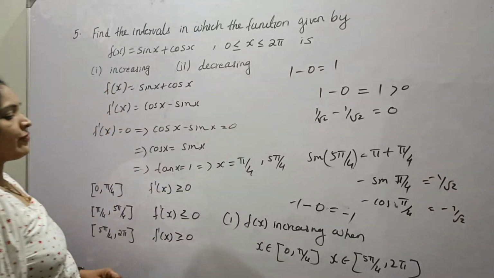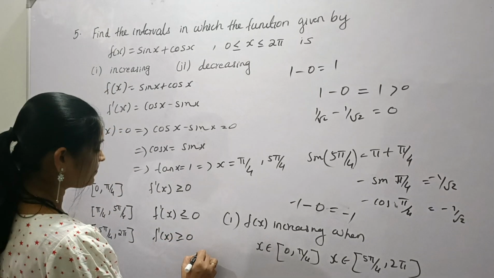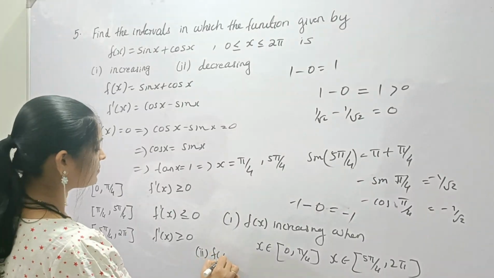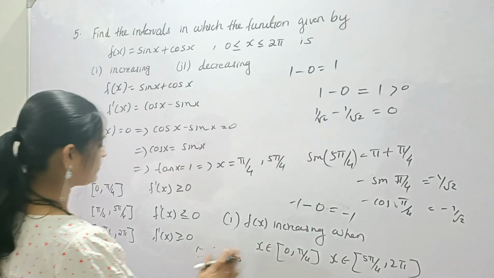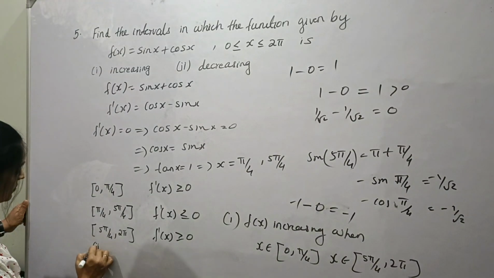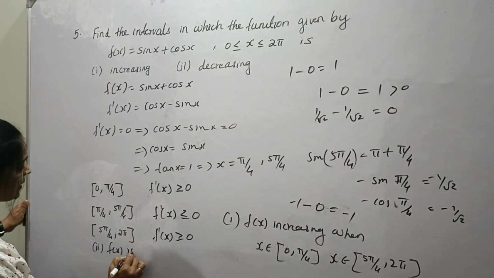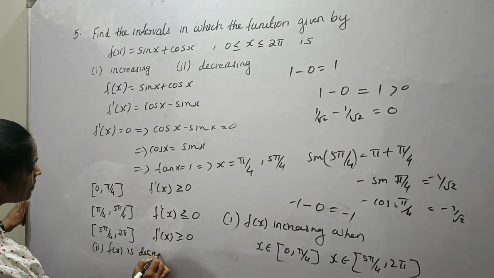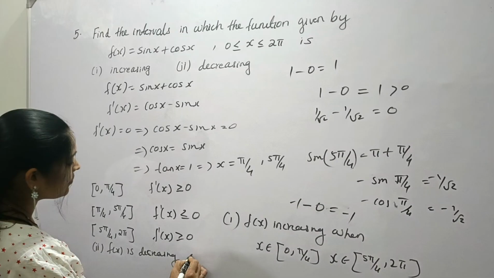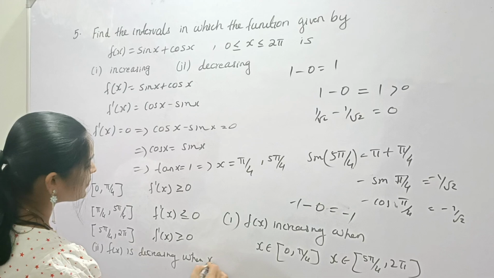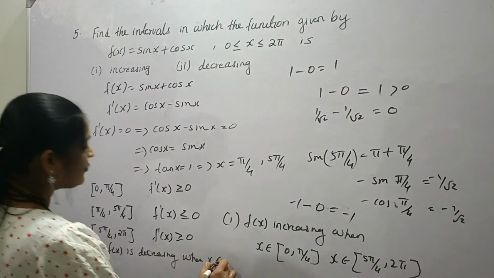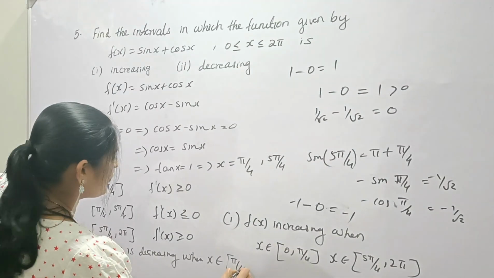And f of x is decreasing when x belongs to pi by 4 to 5 pi by 4.